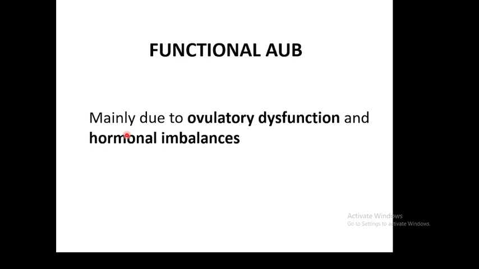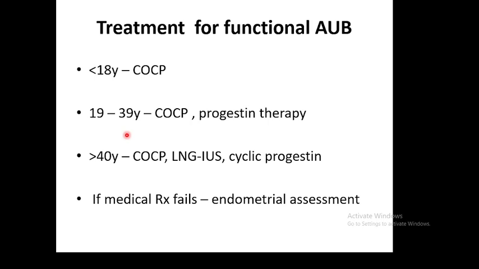Functional AUB is mainly following ovulatory dysfunction, leading to hormonal imbalance in the normal cyclical pattern of the female in reproductive life. So this is what we usually use for any functional AUB, a sort of summary, but it is an individualized assessment, and only then we decide the treatment mode.